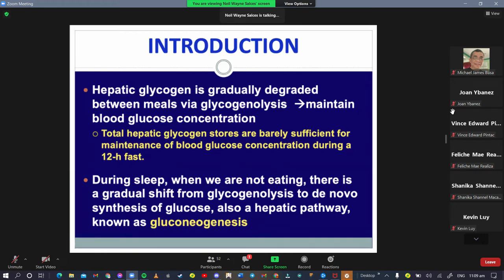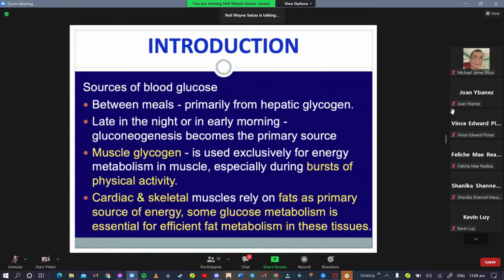So basically, during sleep, when we are not eating, there is a gradual shift from glycogenolysis to the de novo synthesis of your glucose, which is also a hepatic pathway known as gluconeogenesis. But there will be a separate module on gluconeogenesis. So at least you know that there is interconnection of the different metabolic pathways in the body.